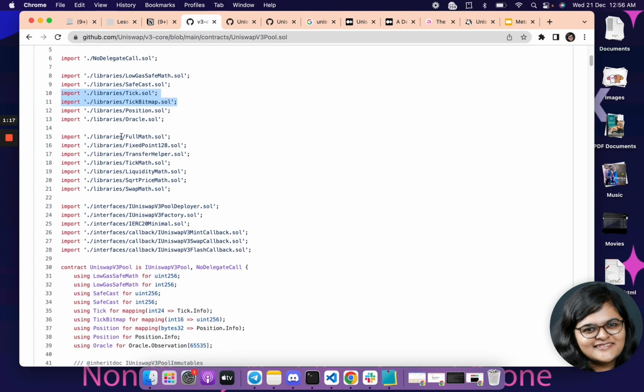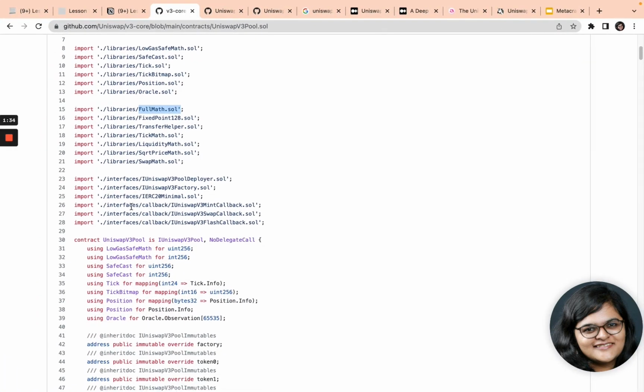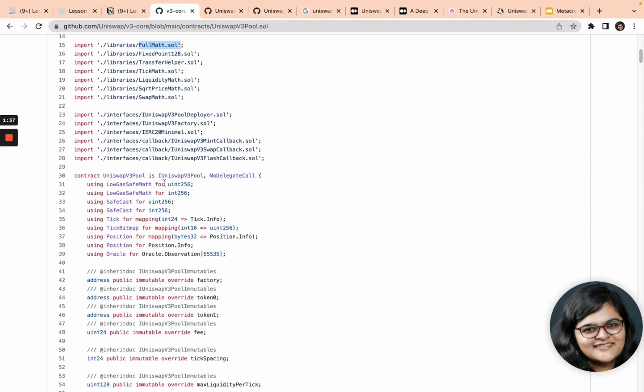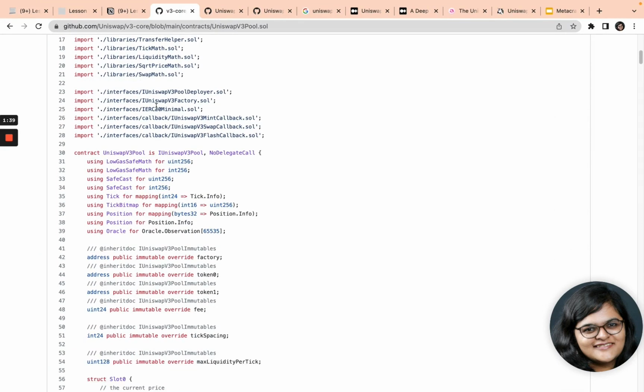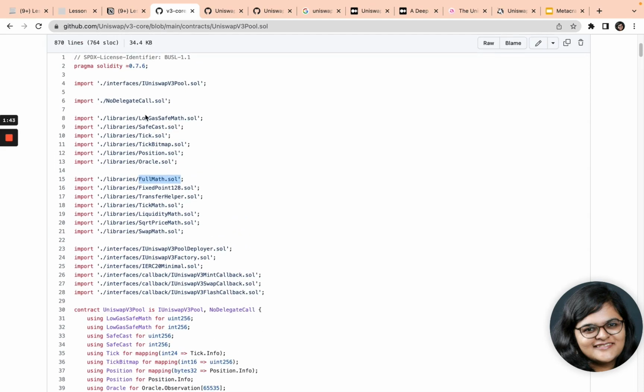You can see there are some other math related libraries because, DeFi, right? In finance, we are going to be looking at a lot of mathematics. So it is important to make sure that all of your numbers are in the right place. So you have these supporting libraries, right? Now you have fixed point 128, transfer helper, swap math, etc. Some of these are Uniswap's own libraries and some of them are existing libraries from OpenZeppelin or have been modified, like for example, low gas.